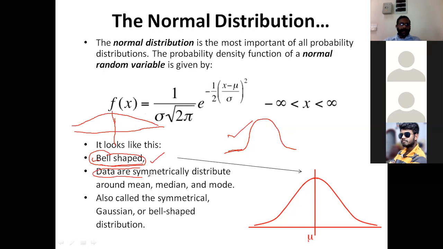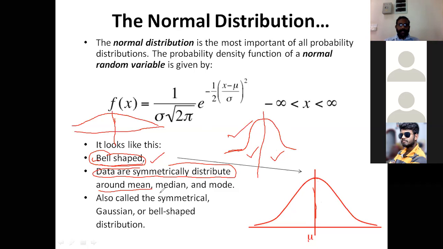Then the data are symmetrically distributed. If you cut into the middle, you will have two halves. So it is symmetric around the mean. If you cut exactly at the mean, it will be symmetric.